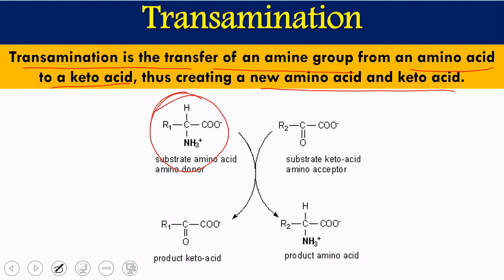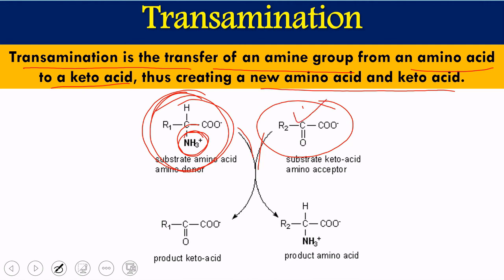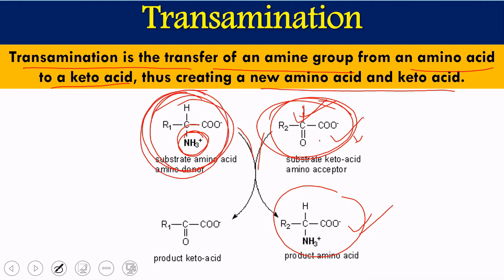When this amino acid reacts with a keto acid, which lacks the amino group, the amino acid undergoes deamination, meaning the ammonia will be removed from here and taken by this group. So this keto acid is converted to an amino acid, because it was lacking an amino group, and once the amino group is added, it becomes an amino acid. In my previous slides I told you an amino acid after deamination is converted into a keto acid.